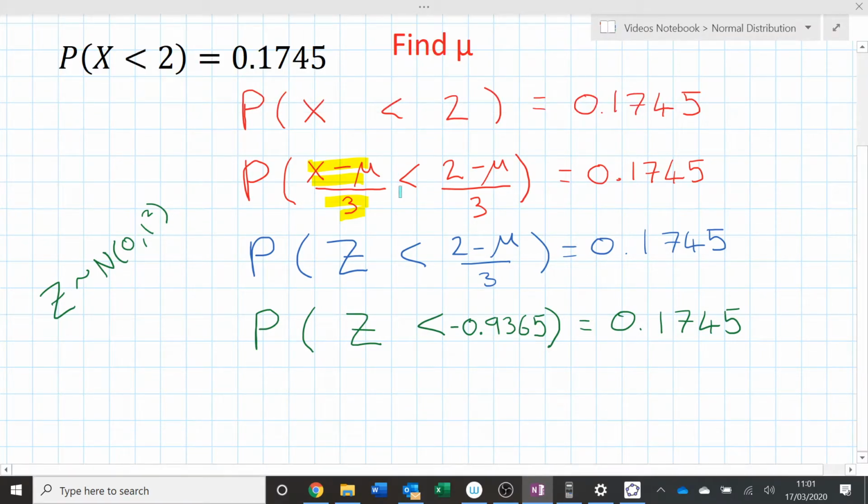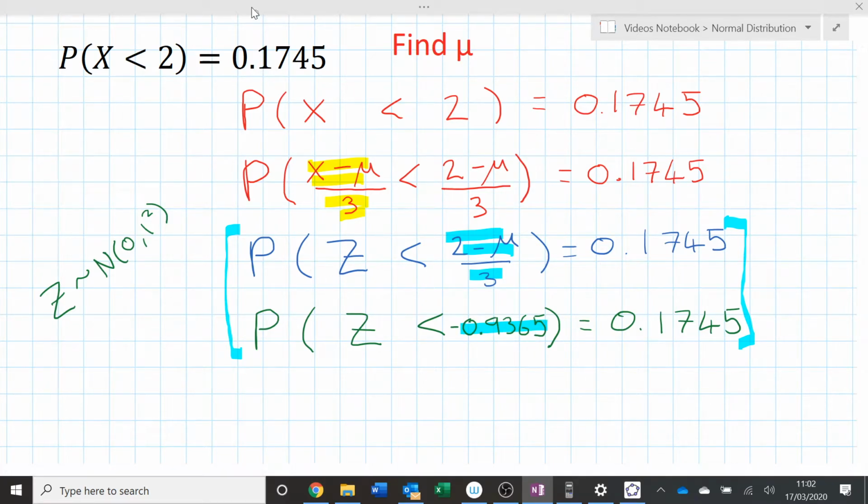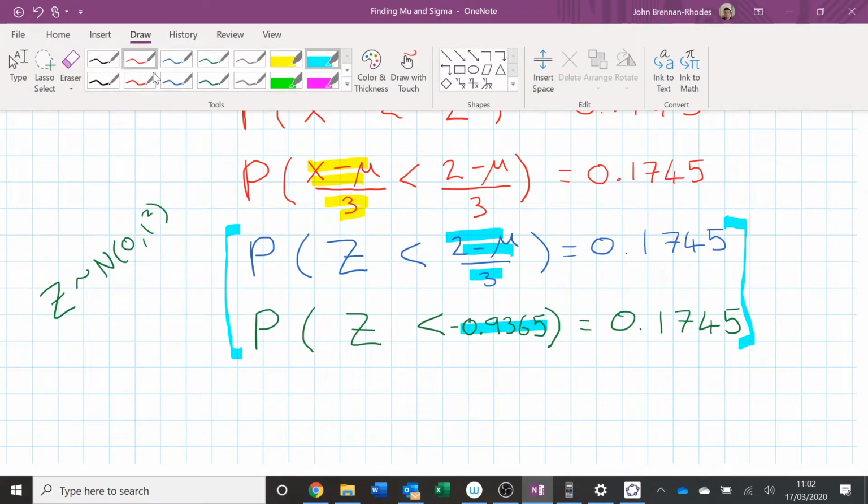Now I'm going to look at the last two lines that I've written. I spot that it's the same on the right-hand side. So therefore this and this must be the same, because everything must be equal.